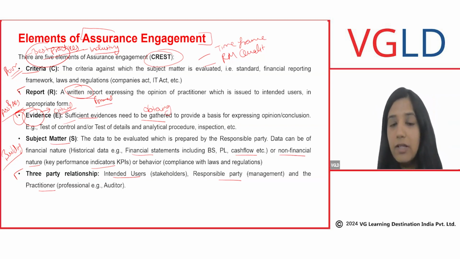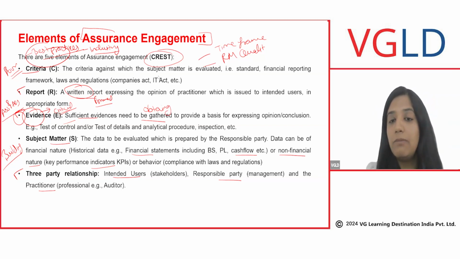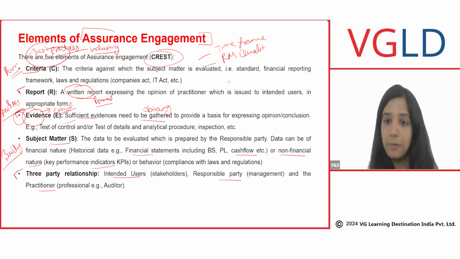Evaluate is checking, right? So are you checking standards? Are you checking a particular law or regulation that is applicable on that particular company? Or are you just checking FRF compliance? So the criteria is that against which the subject matter is being evaluated. Subject matter is your financial statements here, because you are doing an external audit.